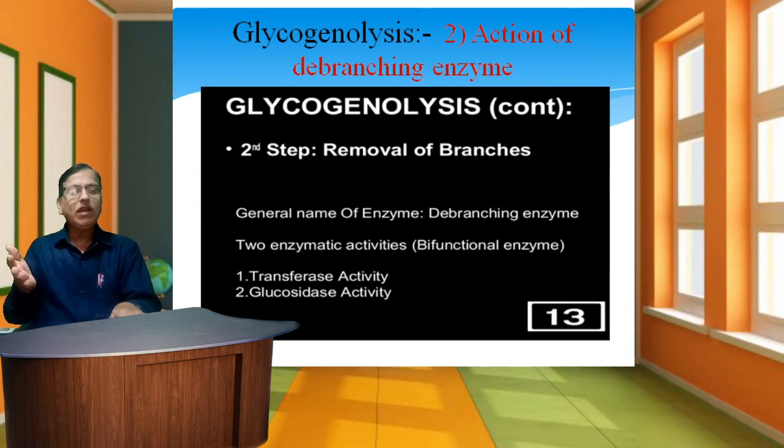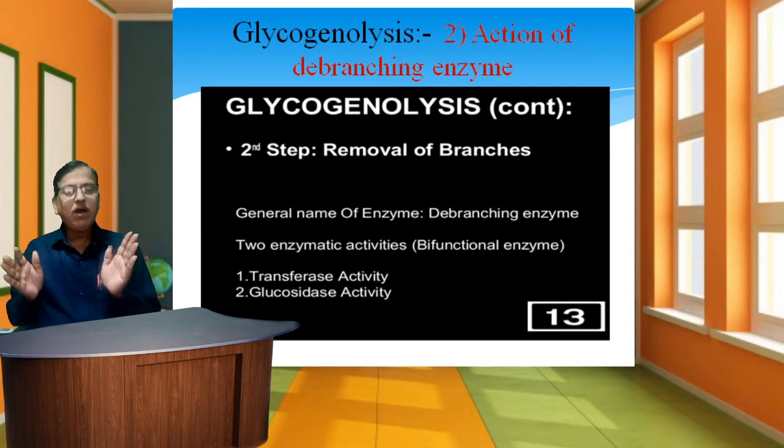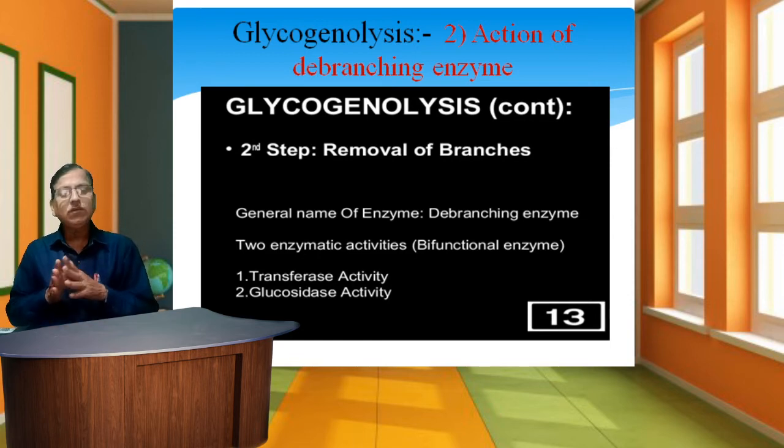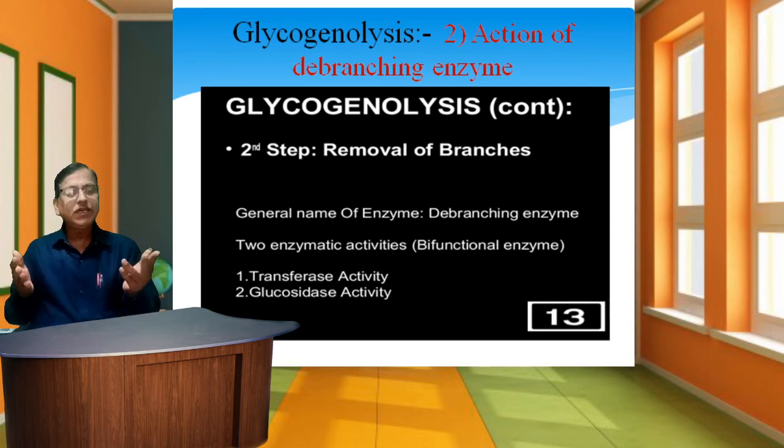Here one alpha-1,4 bond is cleaved and the same alpha-1,4 bond is made, but at a different place. Amylo alpha-1,6 glucosidase breaks the alpha-1,6 bond at the branch with a single glucose residue and releases a free glucose.